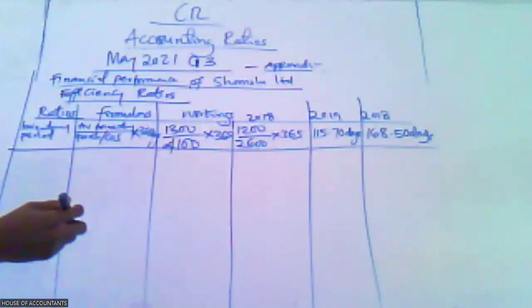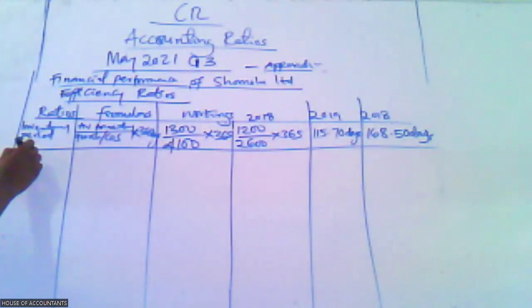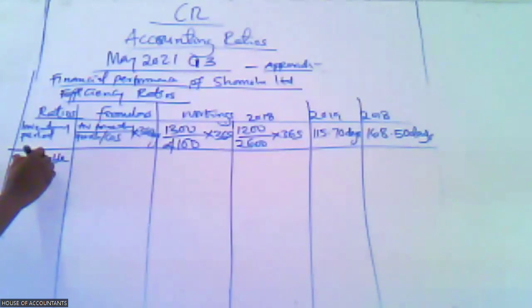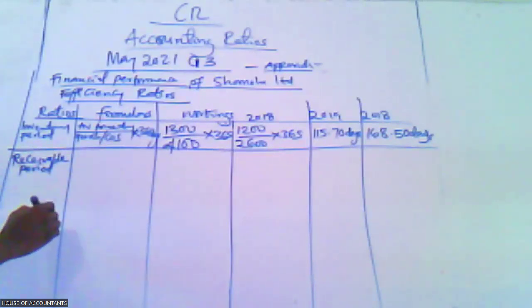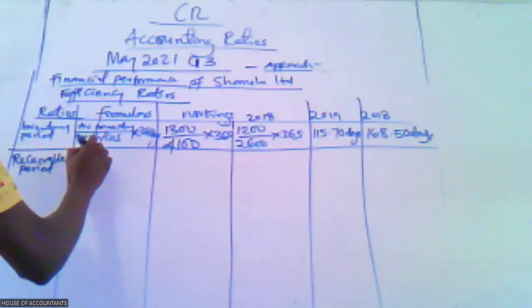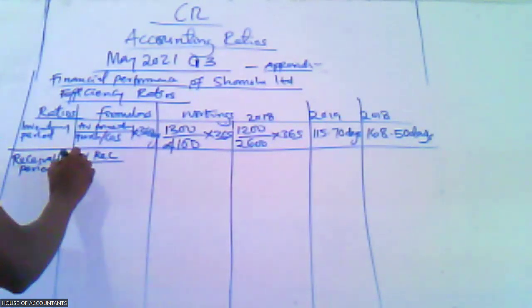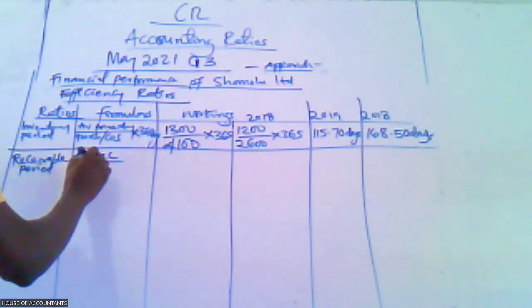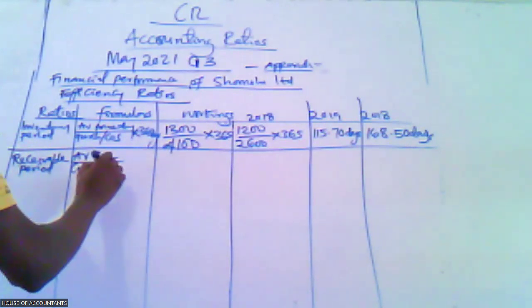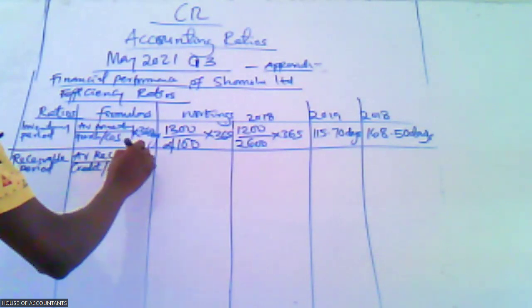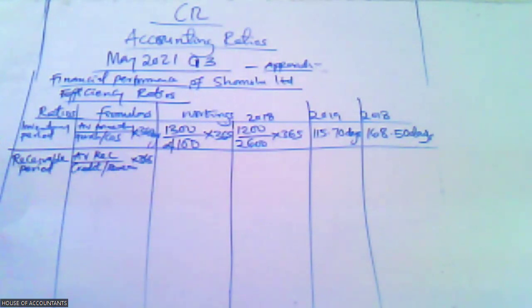Then the next one is receivable days, the receivable period. That would be average receivable over credit sales or revenue, multiplied by 365 days.